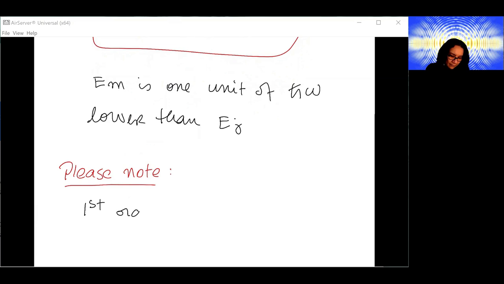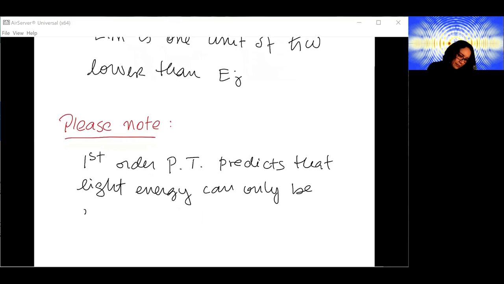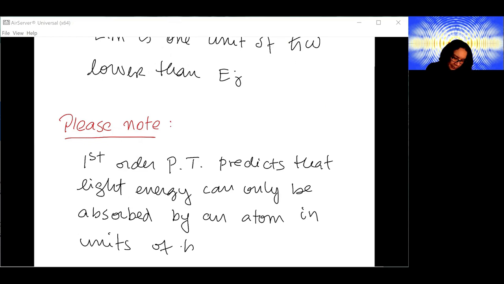First order perturbation theory predicts that light energy can only be absorbed by an atom or a system, depending on what you're using here, in units of h bar omega.